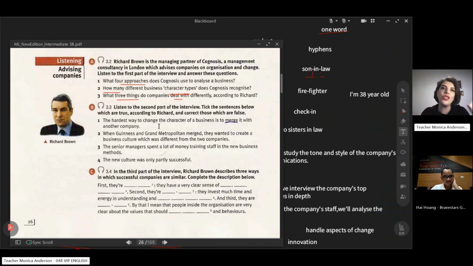So this was hard, and the keyword was easy. So opposite. And this is a distractor. It means it distracts you. It gives wrong information. After that, we have a correction. After this sentence, we have another sentence, but it's an easier way to change the character of a business, by merging and something like this.